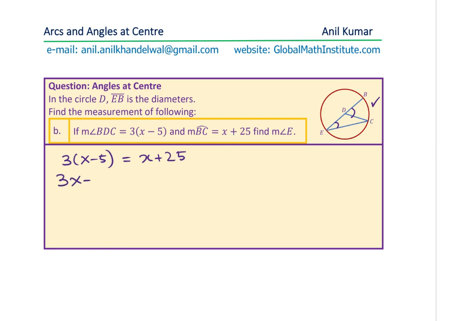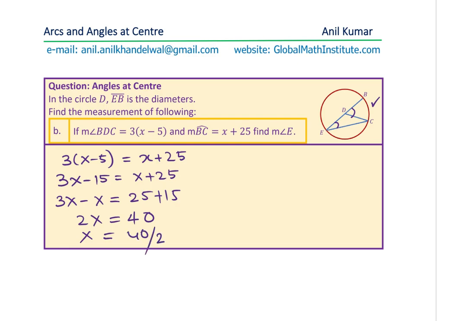So we have 3x minus 15 equals x plus 25. Bringing them together, we have 3x minus x equals 25 plus 15. So we have 2x equals 40, or x equals 40 divided by 2. So we have x as equal to 20.